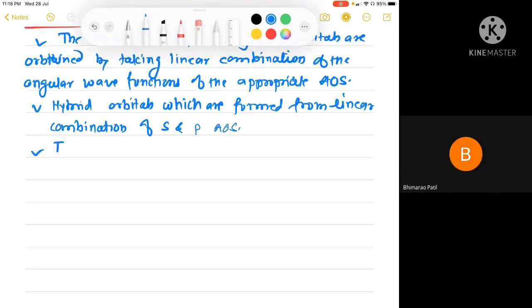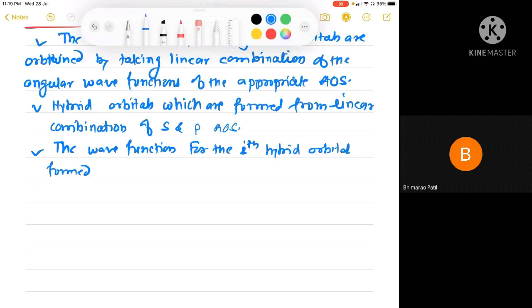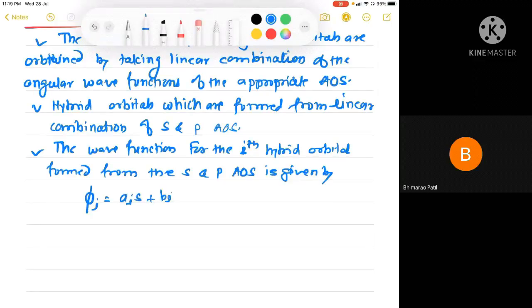The wave function for the ith hybrid orbital formed from the s and p atomic orbitals is given by phi i is equal to ai s plus bi px plus ci py plus di pz.